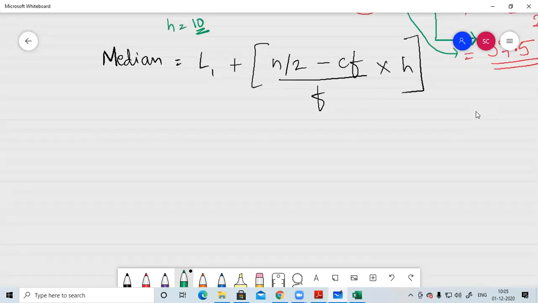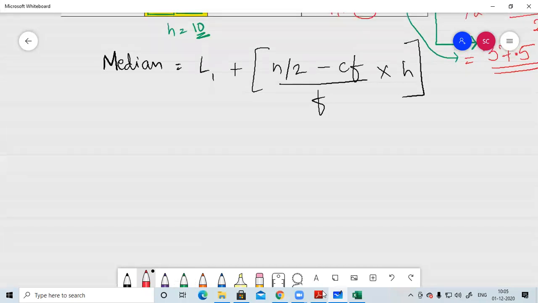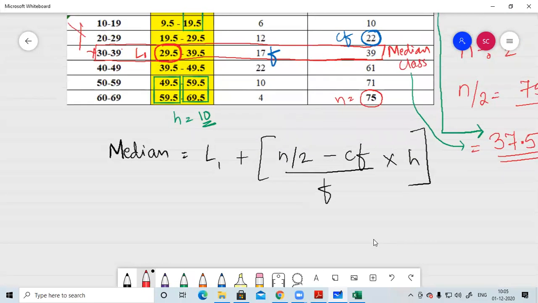Now, let's start solving this. L1 for us, we have already found out, is 29.5. Remember, 29.5, not 30. We take L1 after conversion.